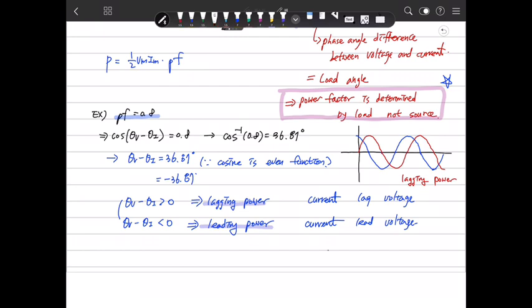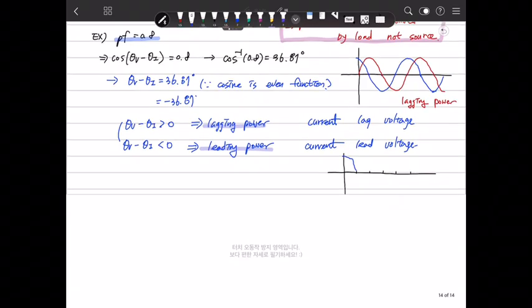But when the voltage is like that, then the current is like that. The phase angle is advanced relative to the voltage.